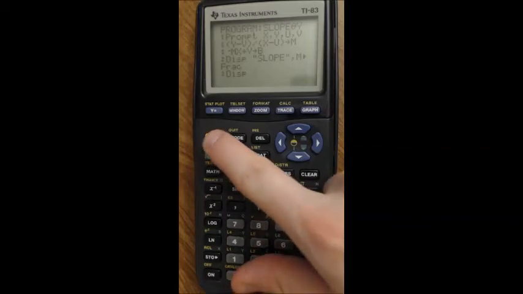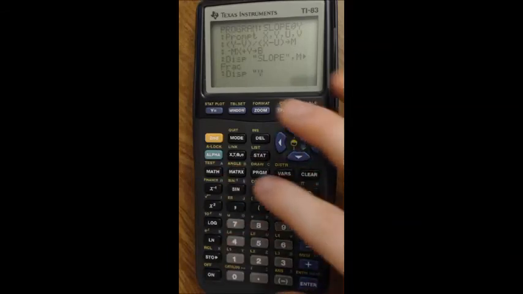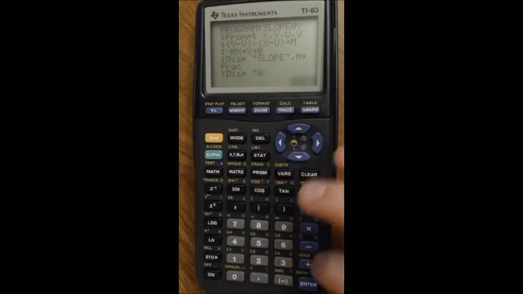Now we want the y-intercept, so program I/O, you go display, and we could go second alpha lock, and then we could put y-intercept. You know what, let's just put b, the b value. There you go. Close quotations.